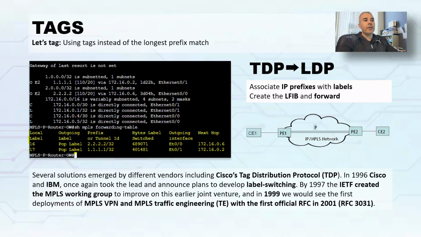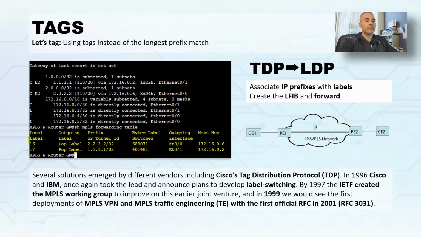So MPLS uses the label distribution protocol, the LDP. But before we get to LDP, Cisco had already put in place TDP, which is the Tag Distribution Protocol. And from that, we went ahead and created LDP. This all took place pretty much around 1999.